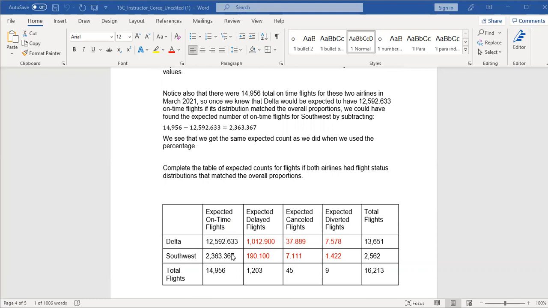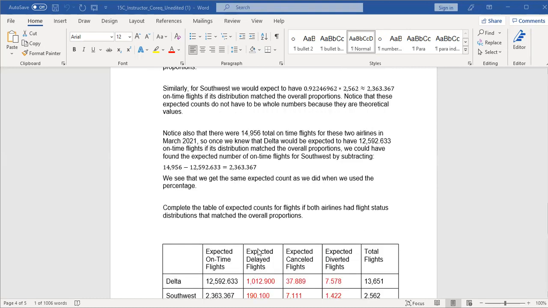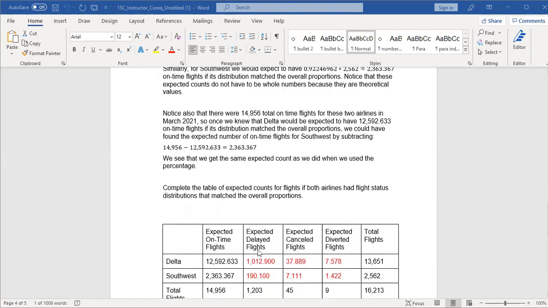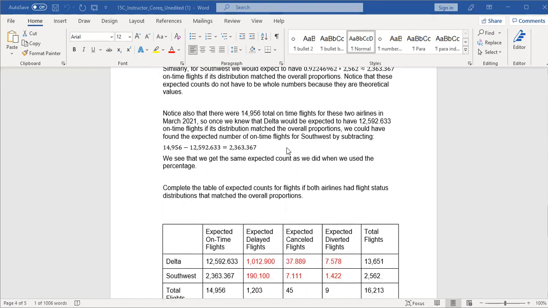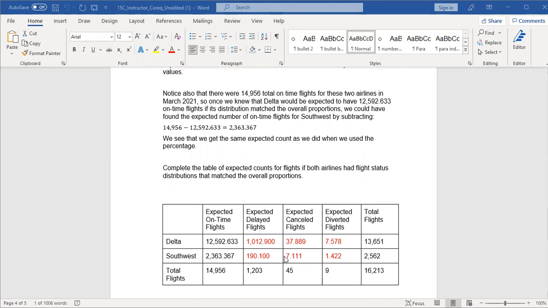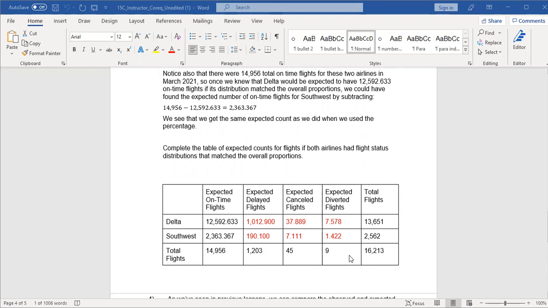Same thing for the canceled flights: we use that overall proportion and multiply by each number of Delta Airlines flights and also for Southwest.